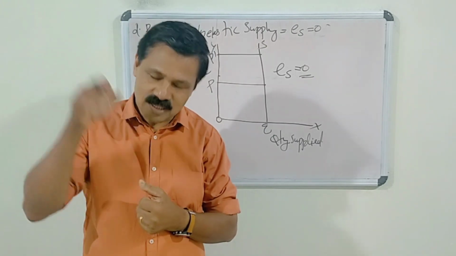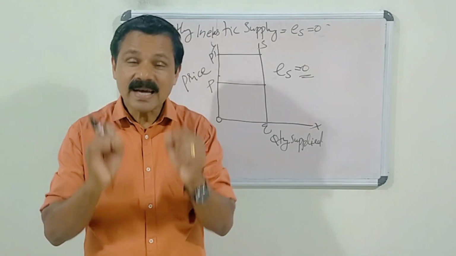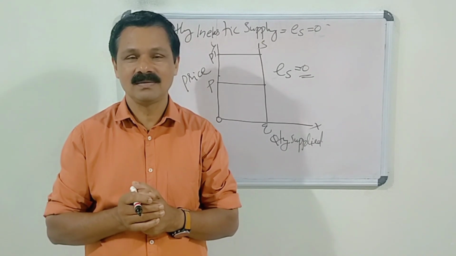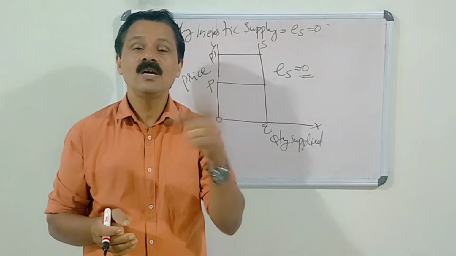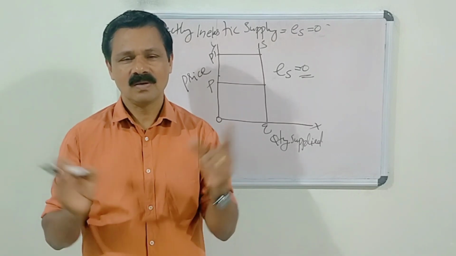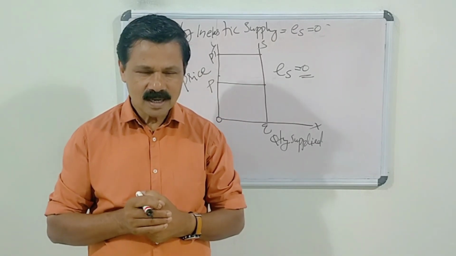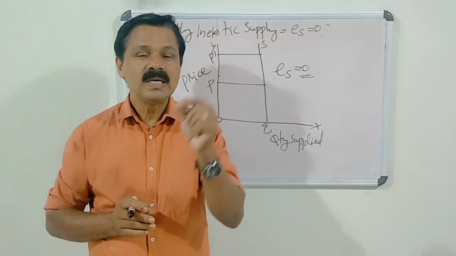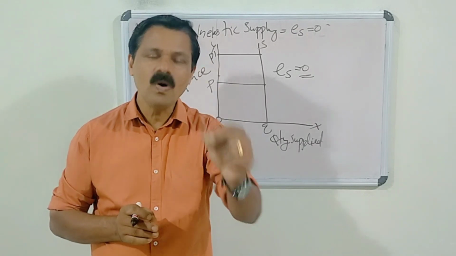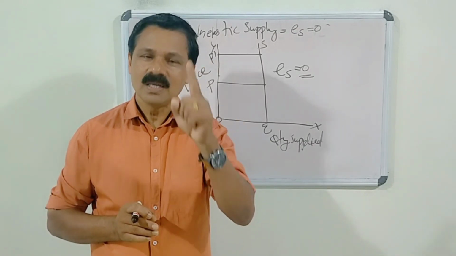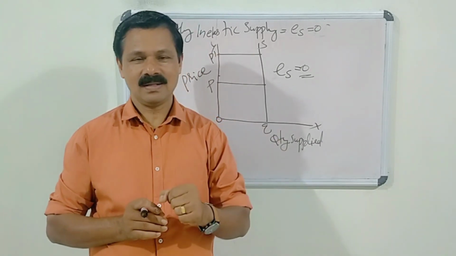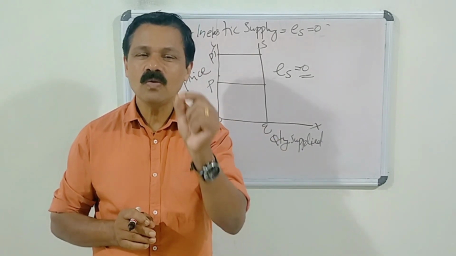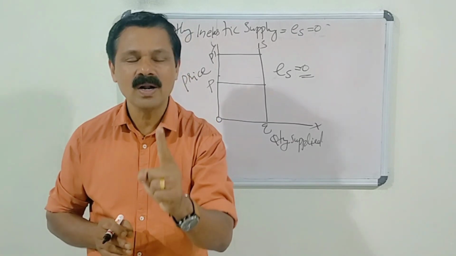That is why it is said there exists a direct relationship between price and quantity supplied. Very simple. Here the value of elasticity is equal to 1. That is, if a commodity is facing unitary elastic supply, the value of elasticity is equal to 1.